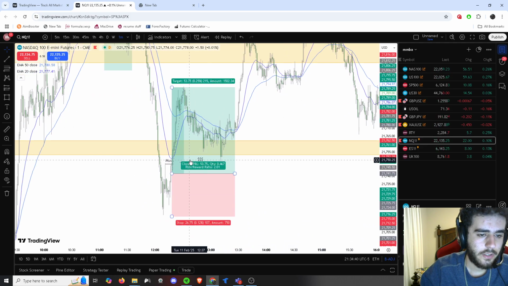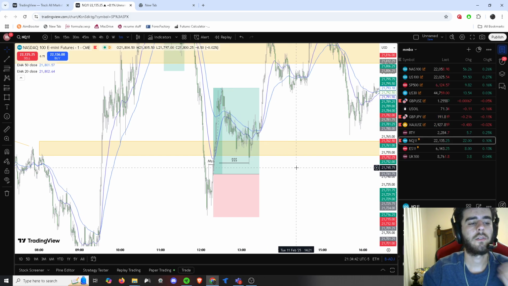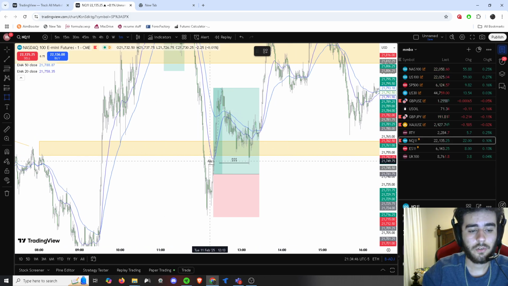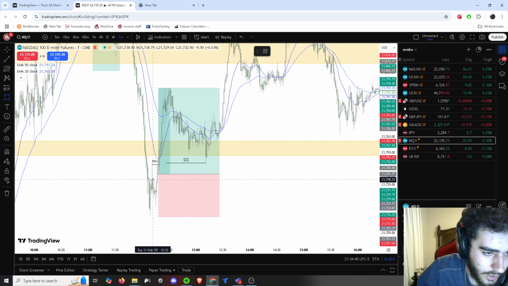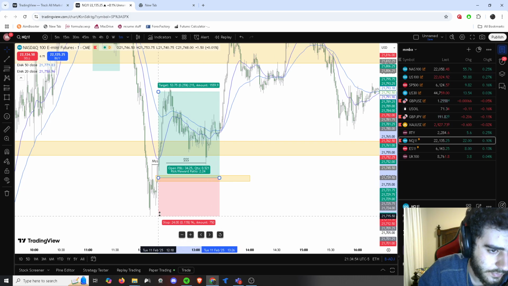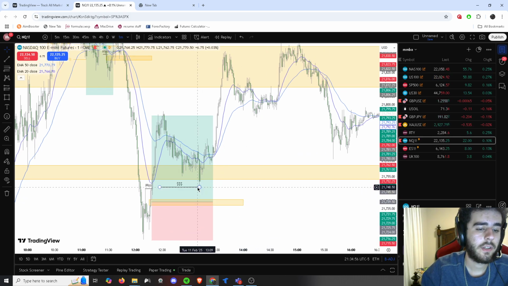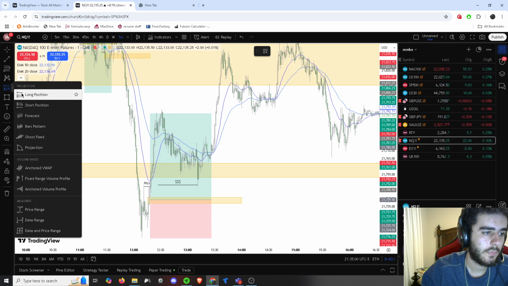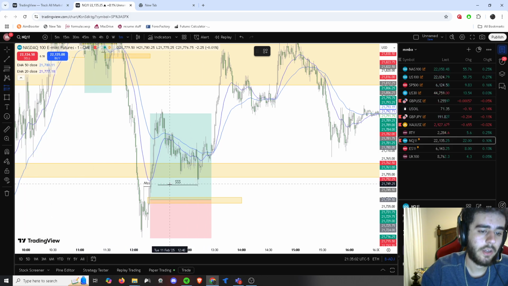Another sweep into this hourly fair value gap. And then we have what would be here an entry right there. Did not tap us in, but another liquidity sweep happened in that 1 hour.